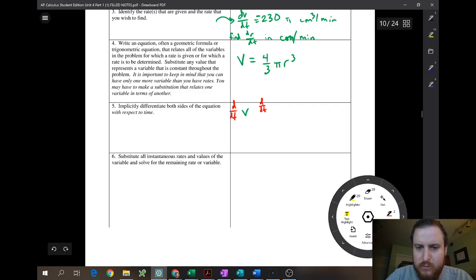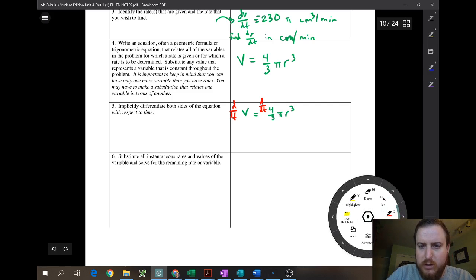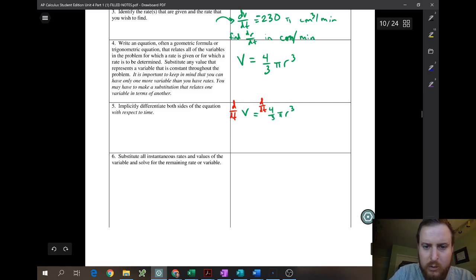Let's see. I don't think it wrote. V equals 4/3 pi r cubed. There we go. So we're going to do d dt to both sides. We did this earlier, and we get dV dt equals, the 3's cancel out, and we get 4 pi r squared dr dt.